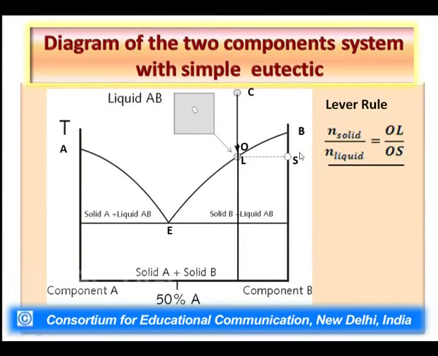This axis represents the solid phase, and this curve BE represents the liquid phase, and this line segment LS connects these two. So, LS is a line segment which connects two different phases in the phase diagram. These two phases are the solid phase and the liquid phase. So, this line segment can be called a tie line.